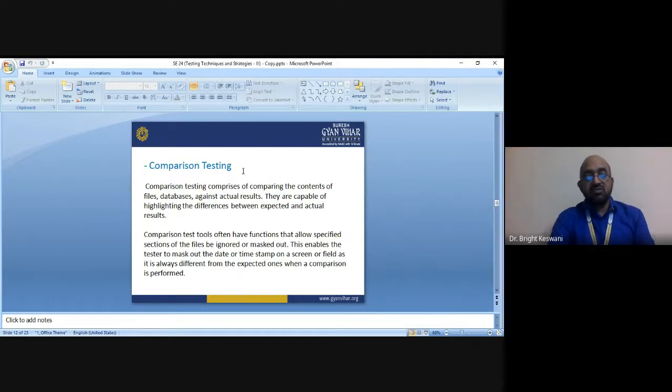So sometimes we are getting different results than we expected. Okay, so this comparison testing will help us to produce the results as per the client requirements.